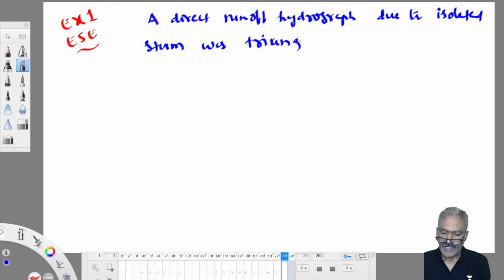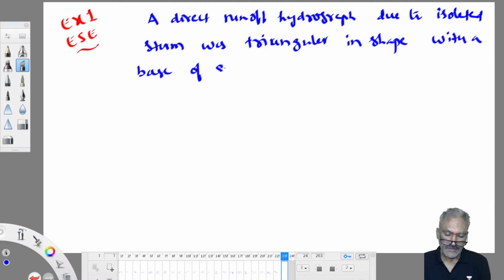This, for our comfort and convenience only, they are assuming as triangular. Truly speaking, they are not triangular, they are non-linear only. To make things simple, this assumption they made, in shape with a base, time base, of 80 hours, and a peak ordinate of 200 meter cube per second.